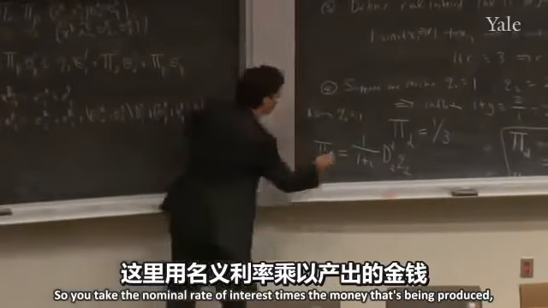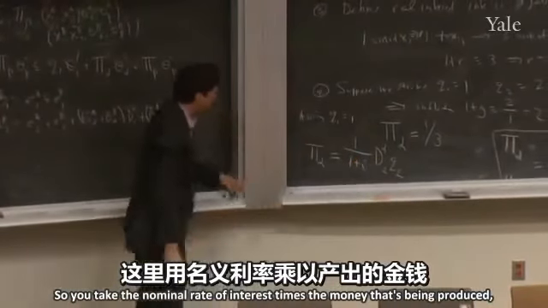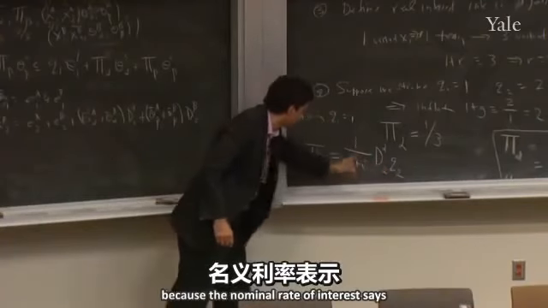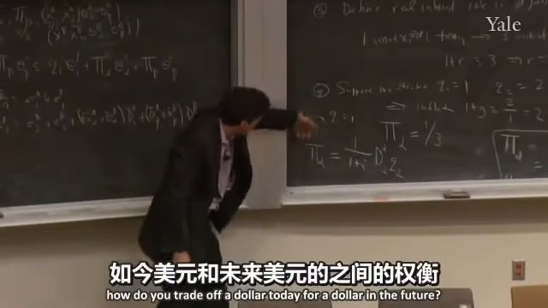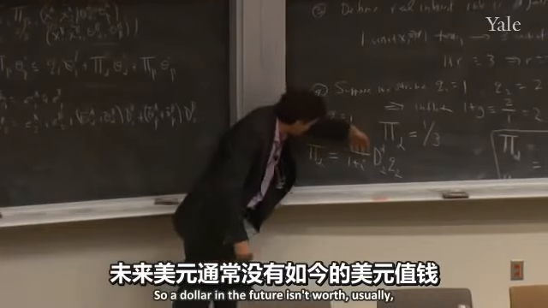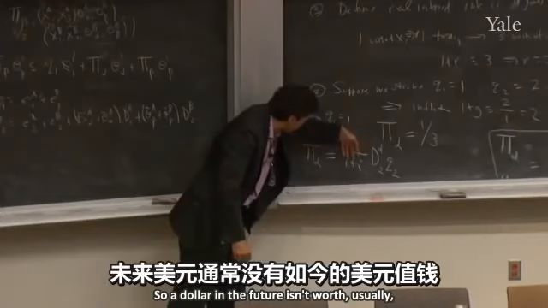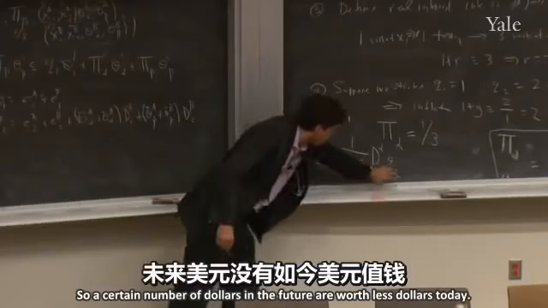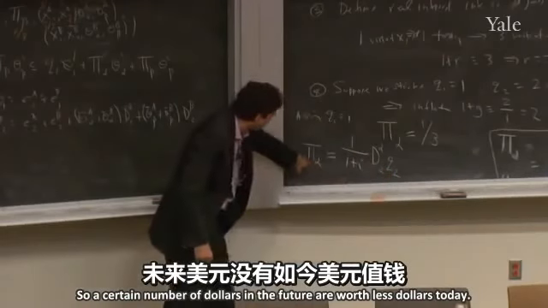Okay, so you take the nominal rate of interest times the money that's being produced, because the nominal rate of interest says, how do you trade off $1 today for $1 in the future? So $1 in the future isn't worth usually as much as $1 today, so you have to discount it. So a certain number of dollars in the future are worth less dollars today.